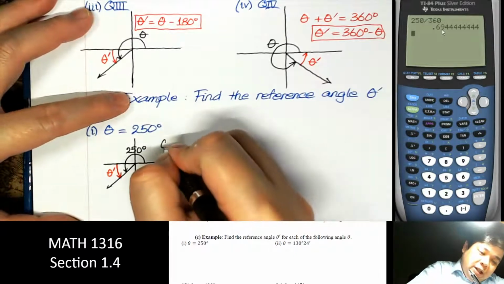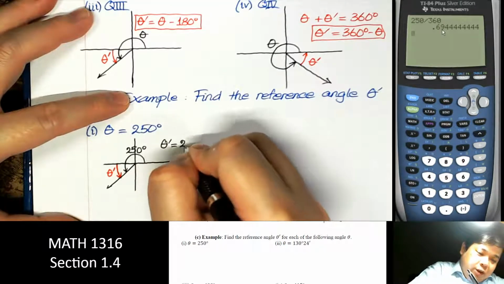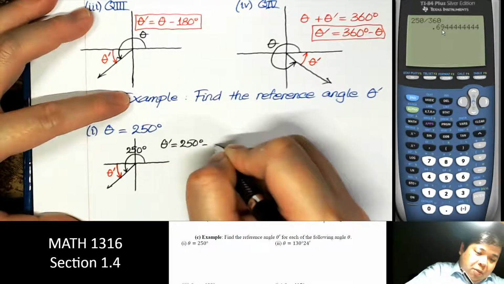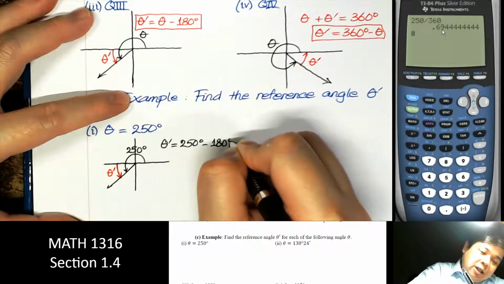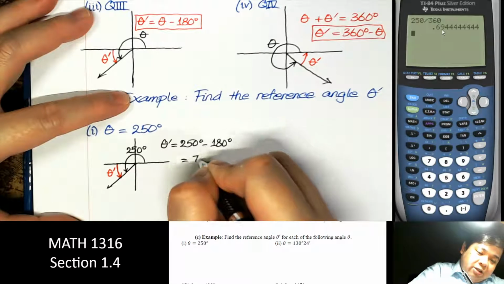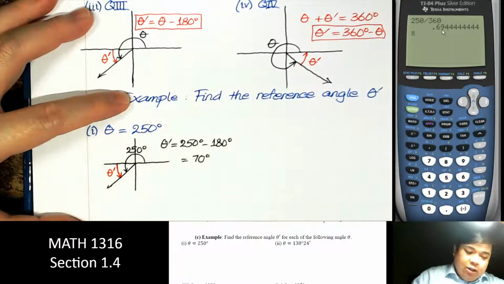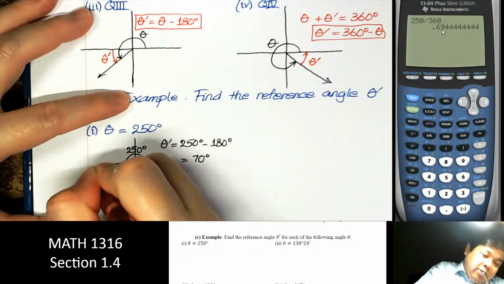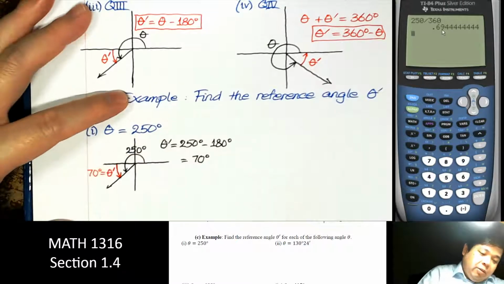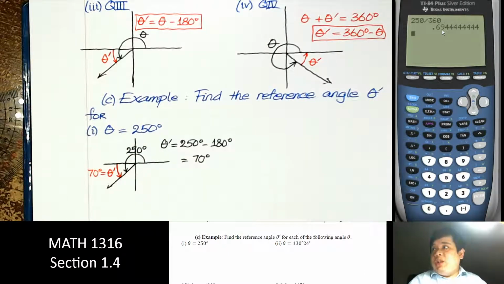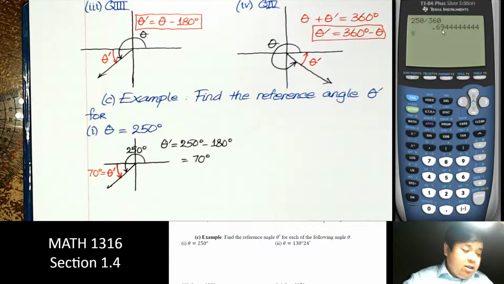So theta prime is equal to 250 minus 180, and that is 70 degrees. So the reference angle is 70 degrees. It always has to be between 0 and 90 degrees.